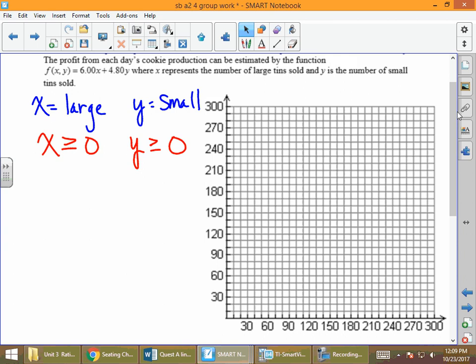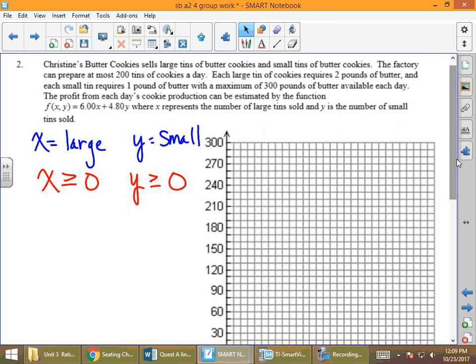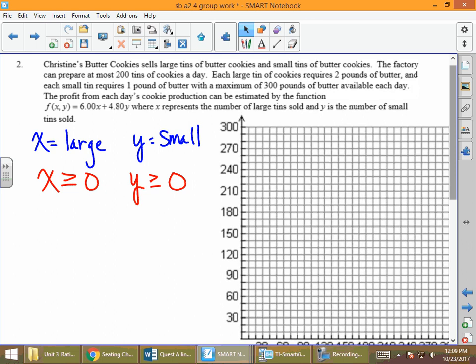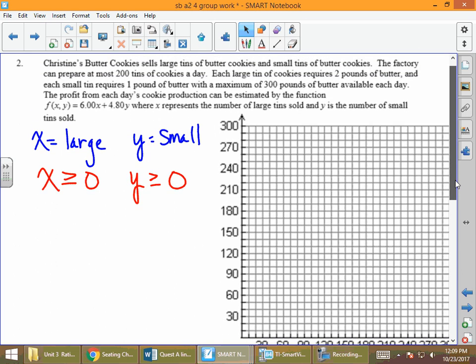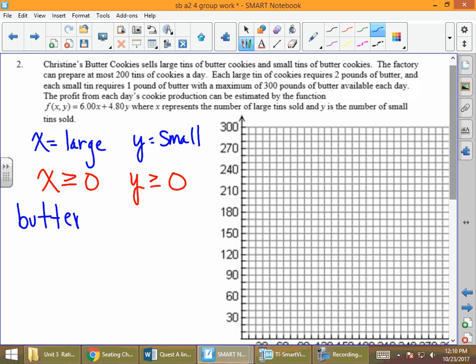What seems to be the challenge on this problem is that I'm always saying to look for what two things are happening in this problem. As I look back here, one thing that stands out is that each large tin of cookies requires 2 pounds of butter, and each small tin requires 1 pound of butter. That happens to be one of our two things.